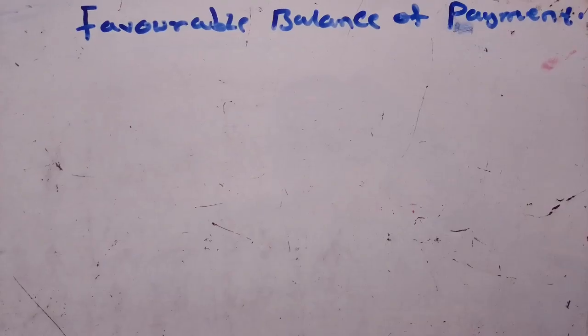So the balance of payment of a country is said to be favorable when the total amount of money a country earns from the exports of goods and services exceeds the total amount of money a country spends on imports.